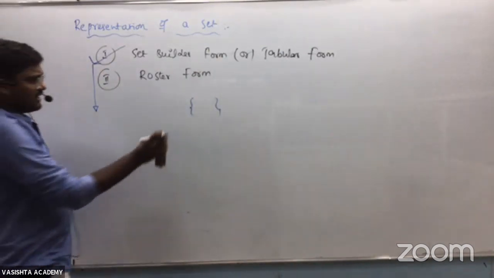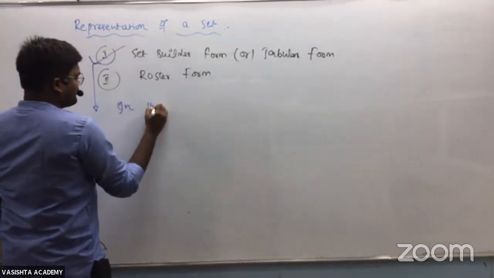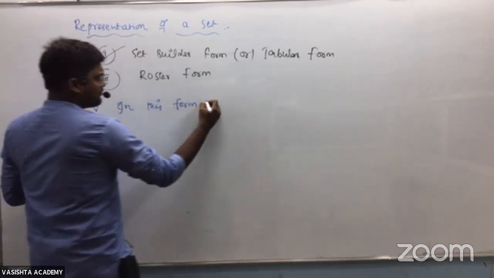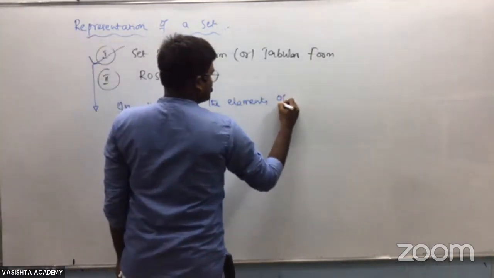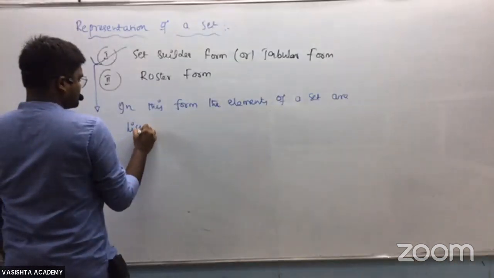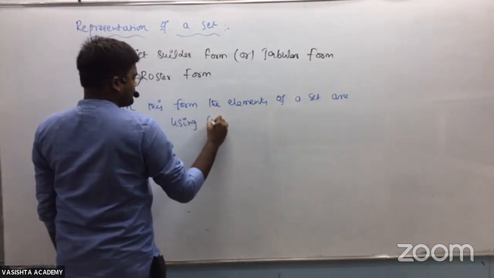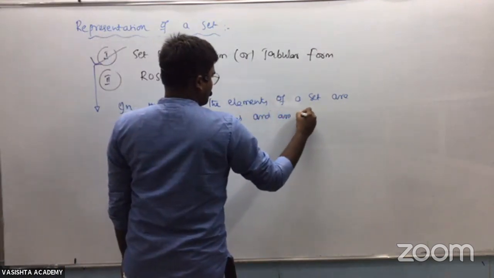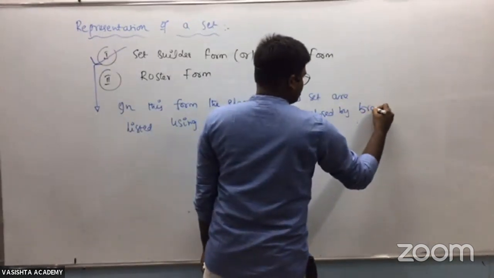Okay, just for clarity, I'll write it down in words. In this form, please copy along with me. In this form, the elements of a set are listed using commas and are enclosed by brackets.